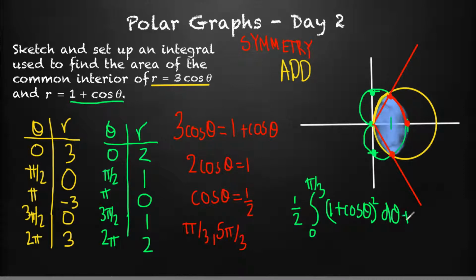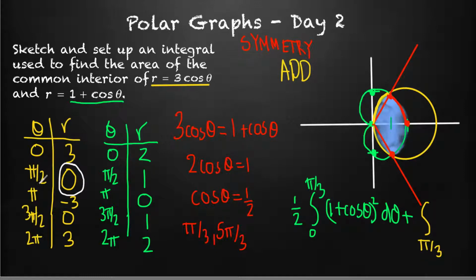And then we're going to add to that the integral of the yellow curve, and that's going to go from, well, let's just see where it's going to go from. It's going to go from pi over 3. And then you have to think about, where does this yellow curve get back to the origin? Well, if you notice right here, the yellow curve gets back to the origin when the radius is 0. When the radius is 0, you're at the origin.